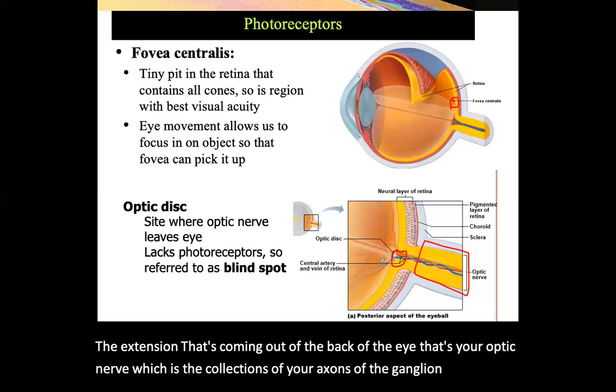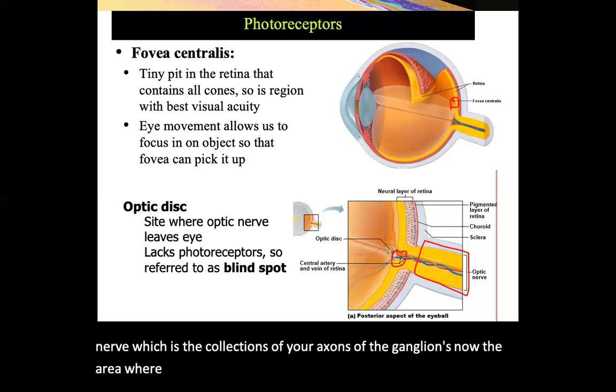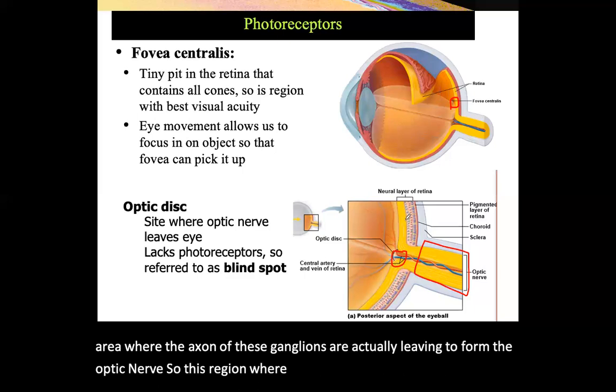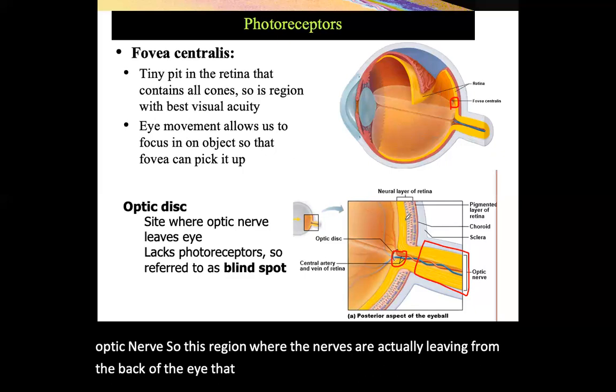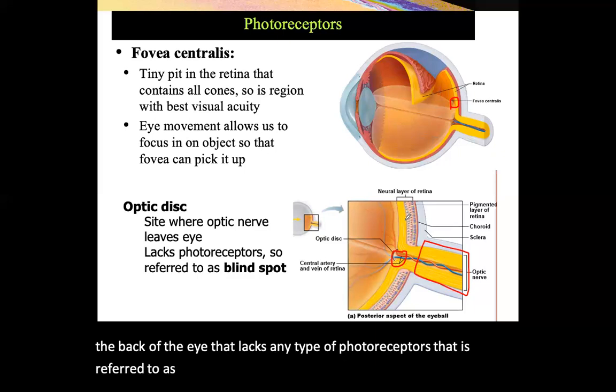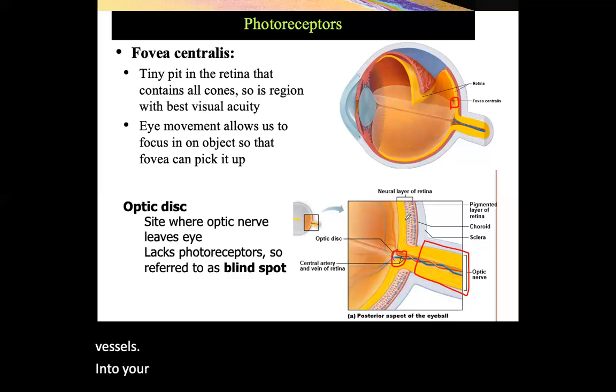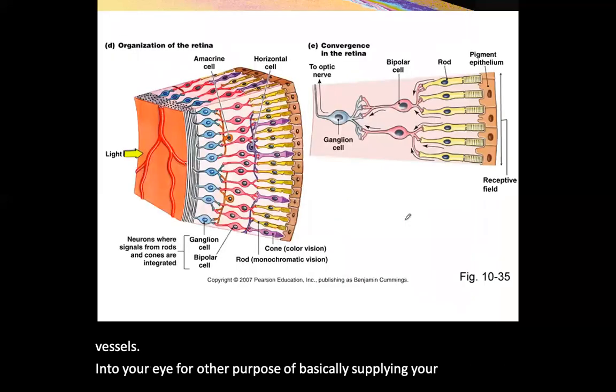Now, the area where the axons of these ganglions are actually leaving to form the optic nerve, this region where the nerves are leaving from the back of the eye, lacks any type of photoreceptors, and that is referred to as the blind spot. This is also where you get your blood vessels into your eye for the purpose of supplying your eye with oxygen and nutrients.